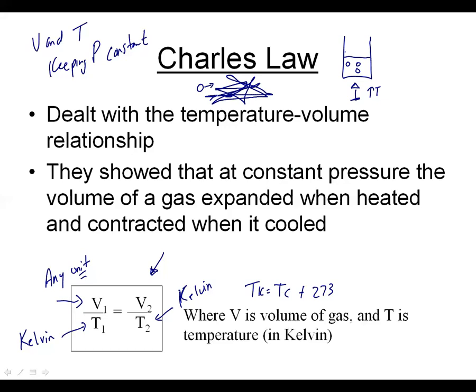Now, the problem with the Charles' law relationship is we're at constant pressure. That means if nothing happens and we just keep what we have pictured there on the right just the way it is and increase the temperature, we would expect the pressure to go up. And that's not really what the Charles' law relationship is.